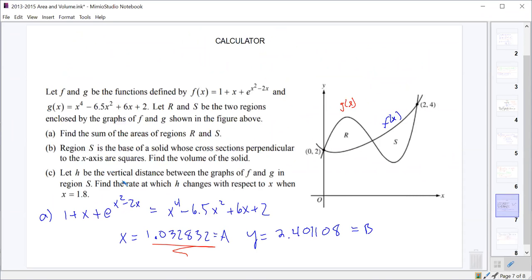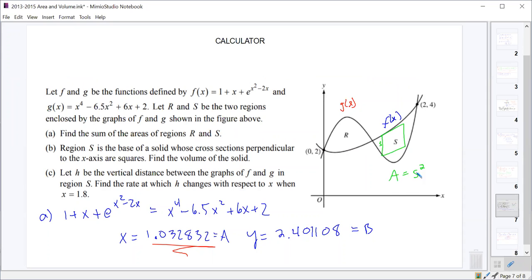So part B, we now are just talking about region S, the one with F above G. And we're saying that the cross sections perpendicular to the x-axis are squares. So I'll just draw myself a little square here. The area of that cross section should be the side length squared, because it's a square.